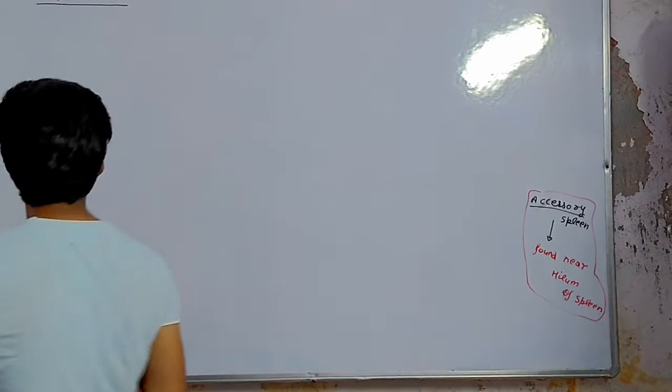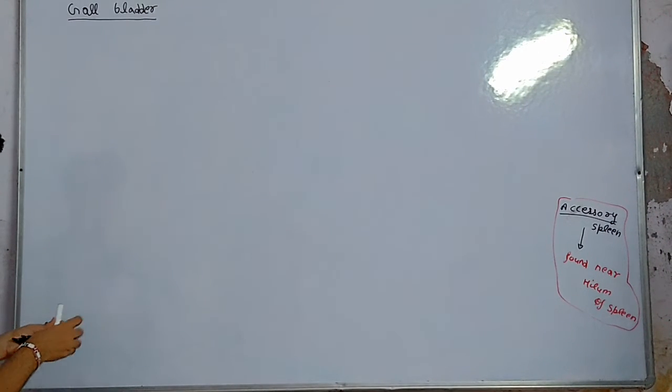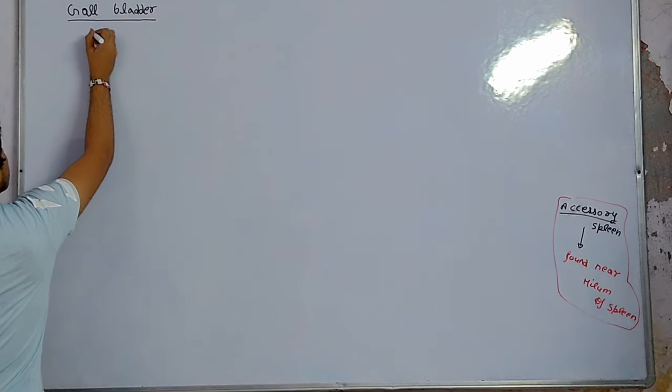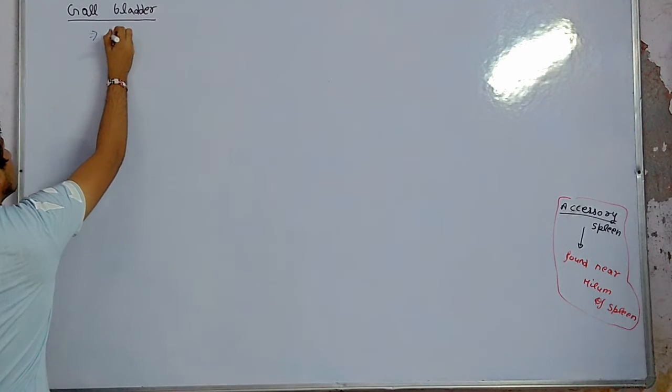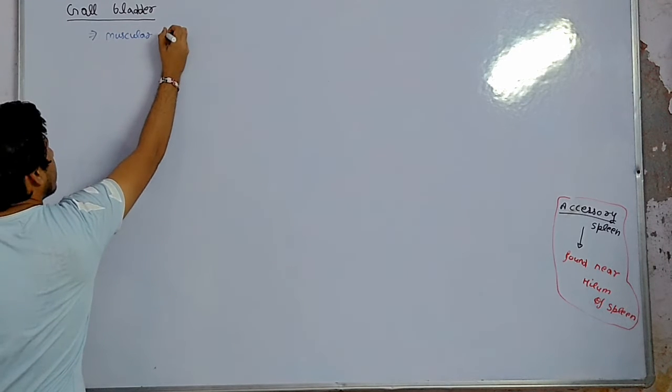Now we start the gallbladder. So first, what is gallbladder? A fibromuscular, bag-like organ.